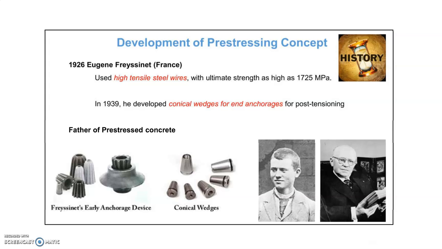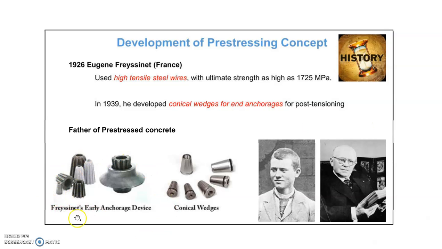In 1926, Freyssinet produced high tensile steel wires with ultimate strength as high as 1725 megapascal. In 1939, he developed a conical wedge for end anchorage for post-tensioning.